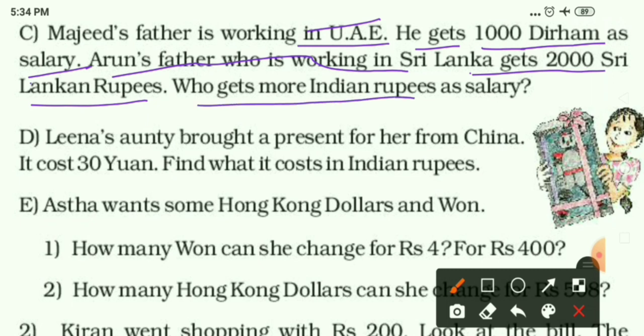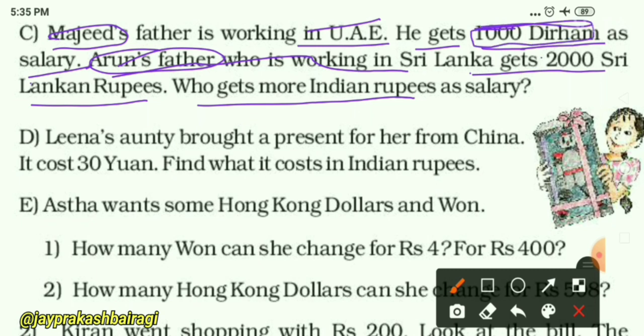Means here is a comparison of Majid's father and Arun's father, that who is getting more Indian rupees. So for that, what do we have to do? We have to convert 1000 dirham and 2000 Sri Lankan rupees into Indian rupees. Then we can compare easily who is getting more. So let's have a solution for it.